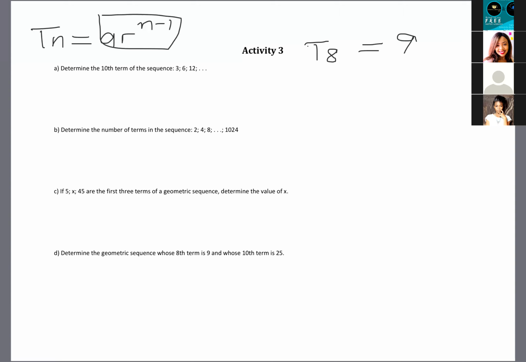So I'm going to say a, because I don't know what my value for a is, r, I don't know what my value for r is, but I do know that n is 8. So I'm going to say 8 minus 1, and then I'm going to equate all of that to 9. Still with me? Yes, ma'am. So I'm going to simplify this and say ar to the power of 7 is equal to 9.